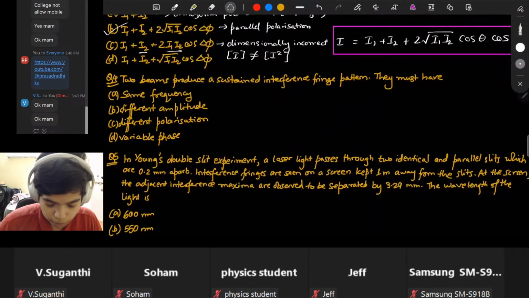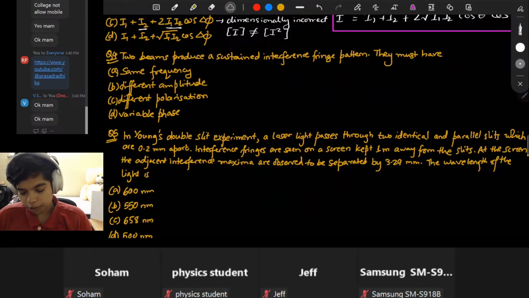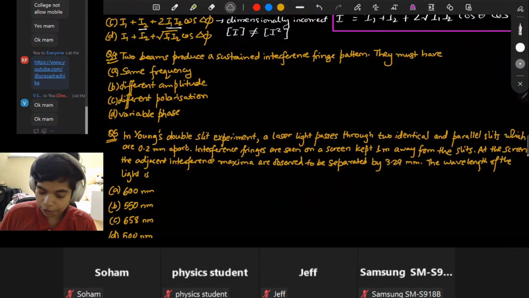Now we can move to the next question. Two beams produce a sustained interference fringe pattern. They must have A, same frequency, B, different amplitude, C, different polarization, or D, variable phase.